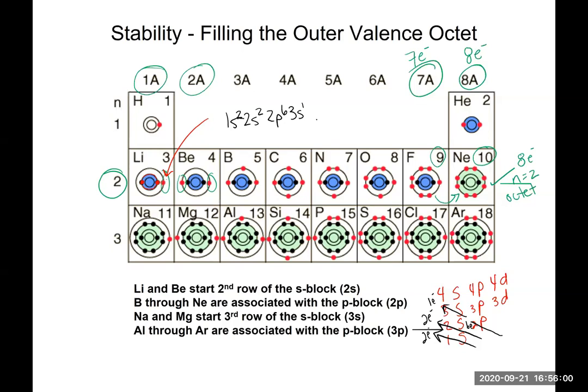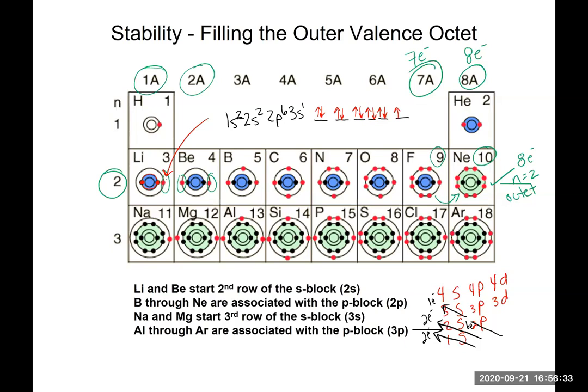And if we draw the orbital diagram, it looks like this, and I'll just draw the electrons in a different color so there's a little bit of contrast here. So this is 1s2, this is 2s2, and then we have 2p6, and then 3s1.